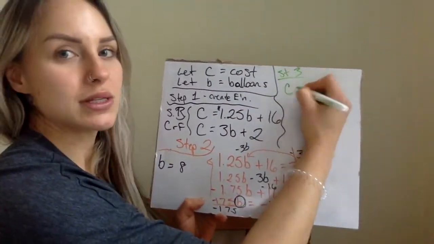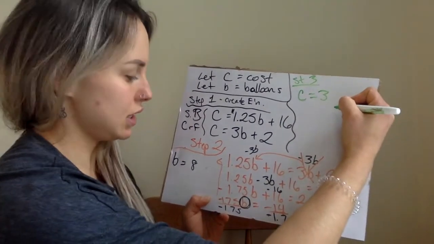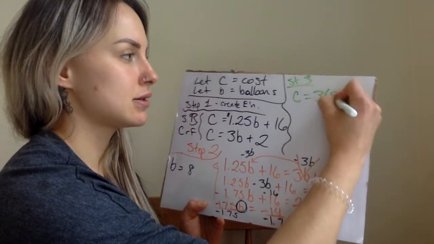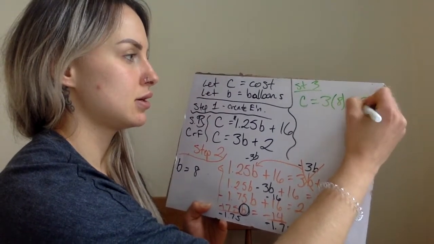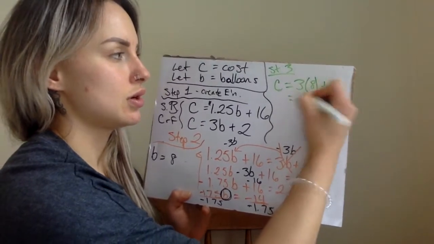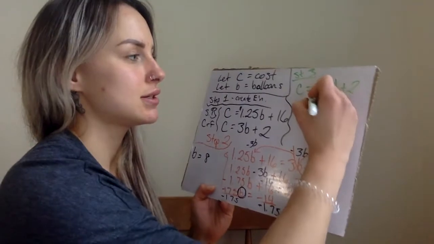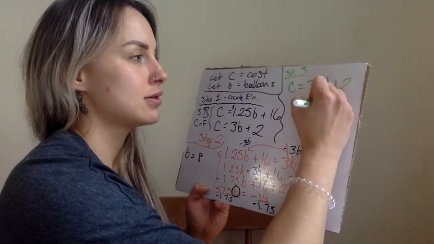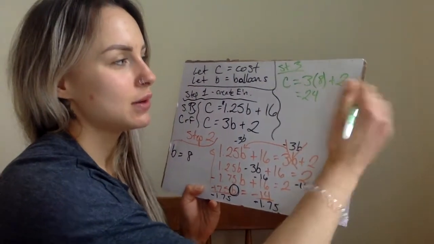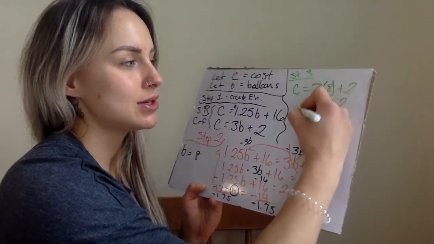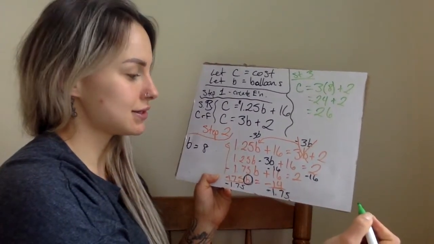So we're going to do c equals 3, and we're going to plug b in there. So 8 plus 2. All right, and 3 times 8, 24. And 24 plus 2 is 26.